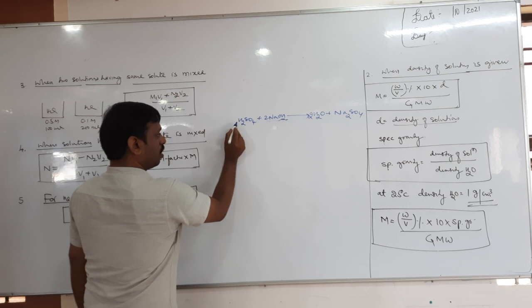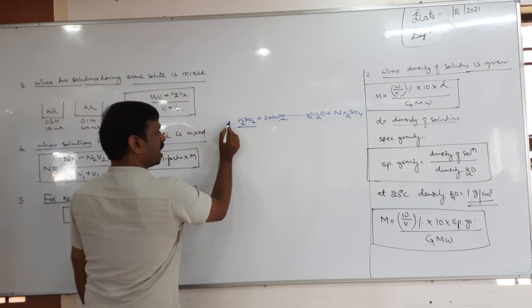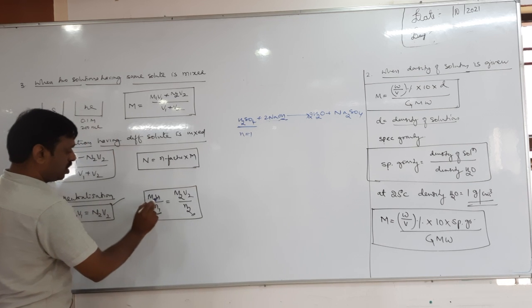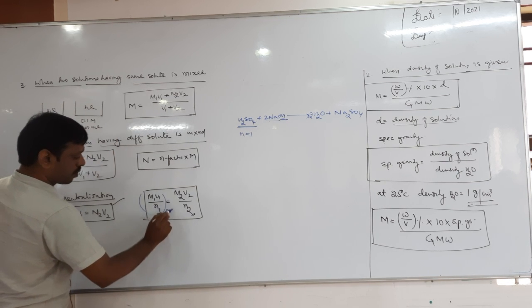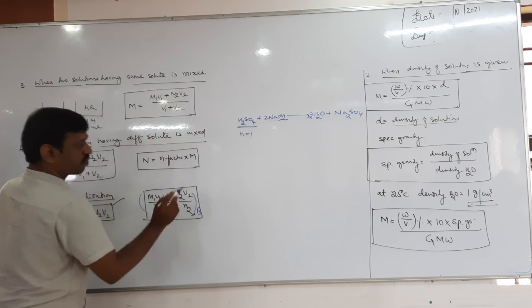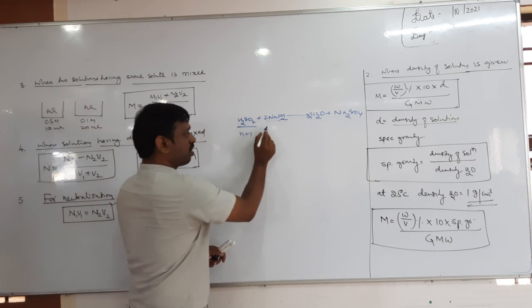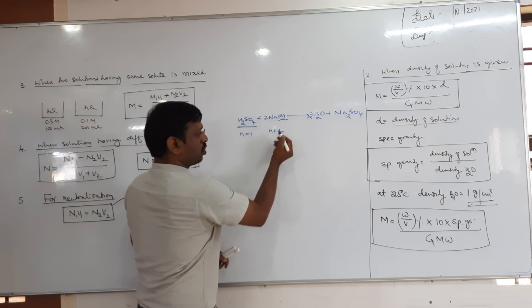Now tell me, what is the coefficient of sulfuric acid? 1. This is the acid and that is the base. The coefficient is 1. What is the coefficient of sodium hydroxide? 2.